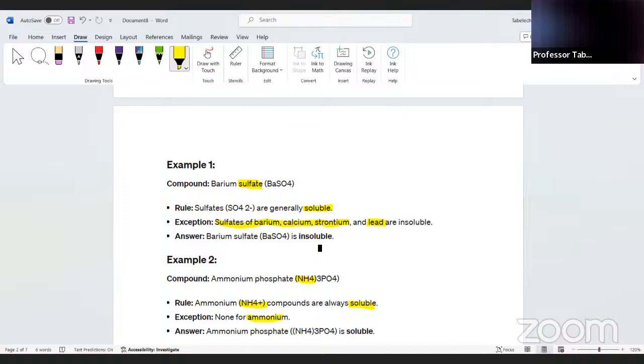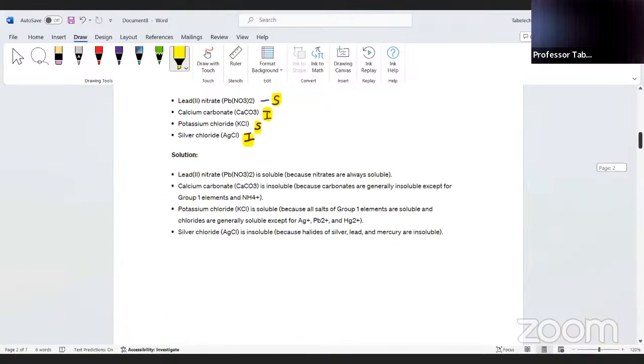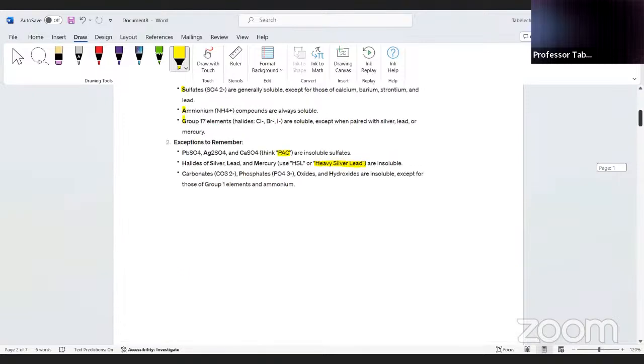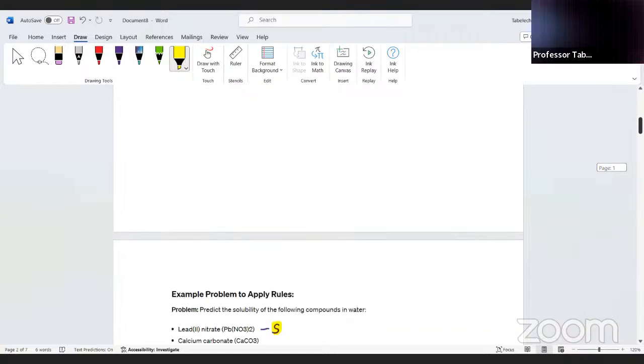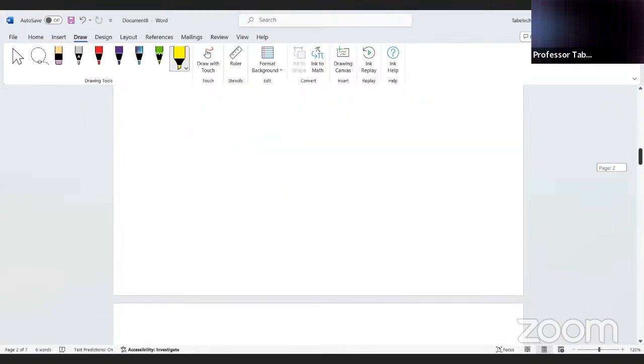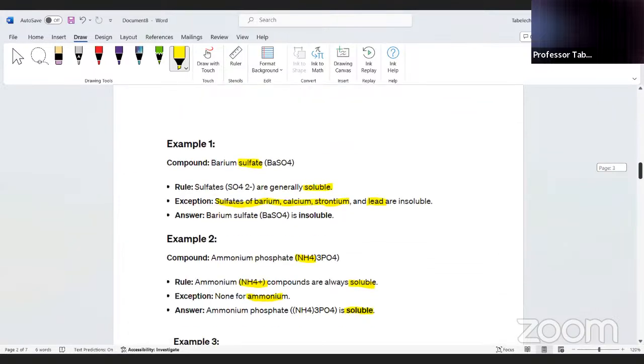So yes, ammonium phosphate would be soluble. Now, if we go back up to what they were saying about phosphates, those tend to be insoluble except for those of group 1 and ammonium. So that's why this answer is what it is. When they give you the exceptions, you need to make sure you understand that.